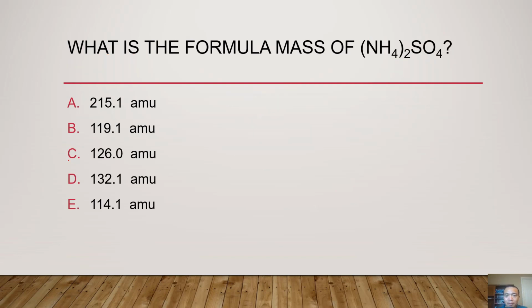Let's look at one more example. What is the formula mass for ammonium sulfate? This time we actually give you the formula to begin with. So how many nitrogens do you have? How many hydrogen, sulfur, oxygen? So we write this together. The formula mass would be 2 nitrogen.